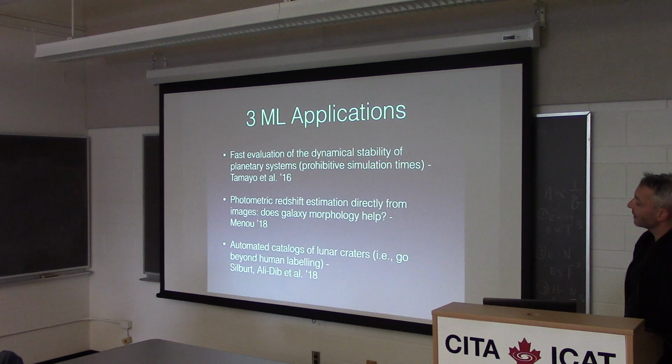Then I'll discuss something I'm finishing now, revisiting the problem of photometric redshift estimation, which is a standard machine learning problem, and asking whether galaxy morphology helps, and if it does, whether it helps a lot or a little. And the last topic is about trying to build automated catalogs of lunar craters.